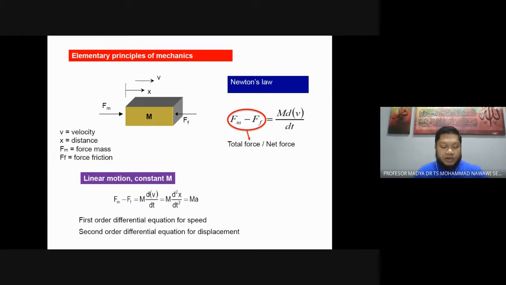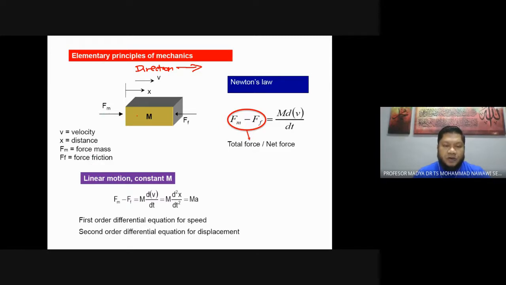Right. So now let's consider that we have some object here, and it moves in that direction. You apply the force, Fm.